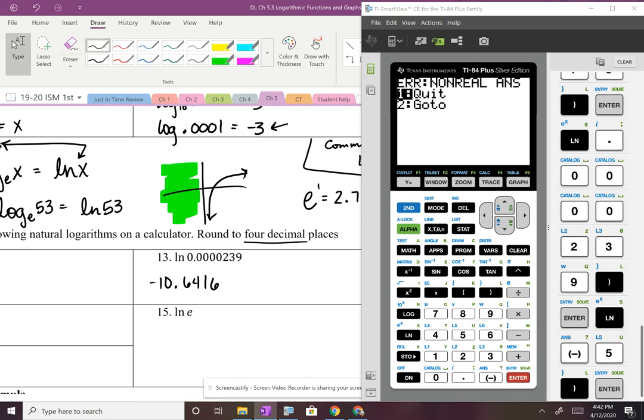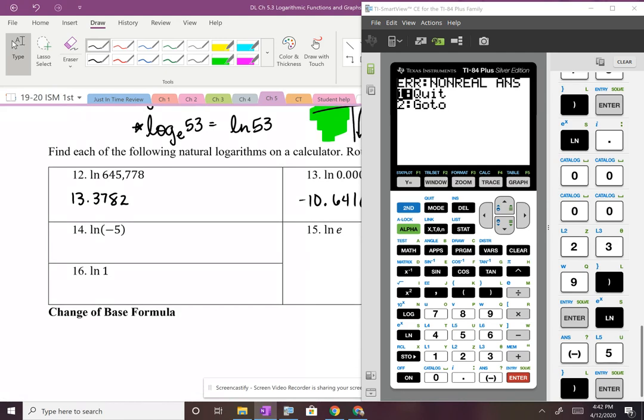So if you get an error, non-real answer, double check that you put it in right. But this is a no solution, because remember that the argument, this is still called the argument, must be positive. The argument must be positive. Super important, can't forget it.